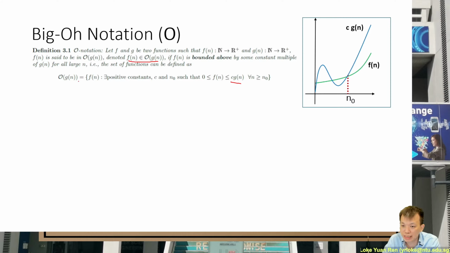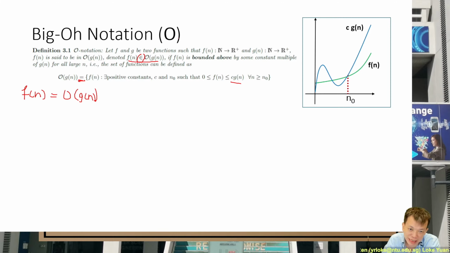In computer science, instead of this notation, a lot of the time you will find people simply use equals. You may see people simply write f(n) equal to O(g(n)). But by definition, f(n) is supposed to be in O(g(n)). In computer science, we can accept that you simply write this way.